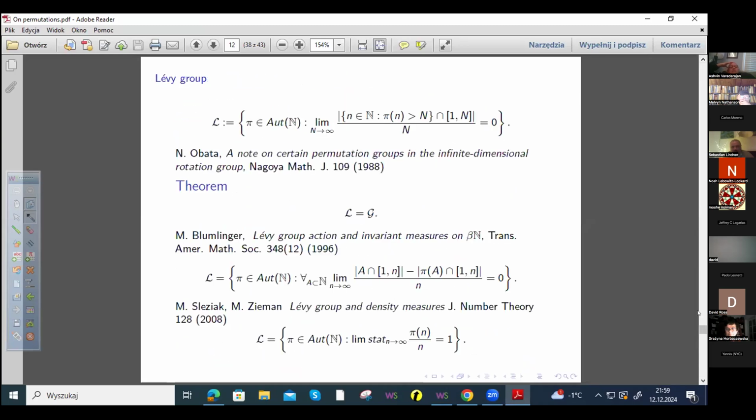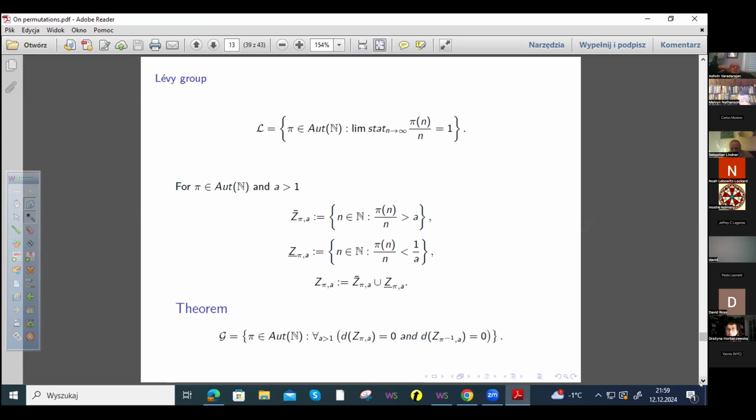So those sets cannot contain a set of positive density, but the permutation given by Coquette shows that this condition is not enough to be sure that the permutation preserves density. It is only a one-way condition. Okay, thank you for this comment. I think that's all we've prepared.